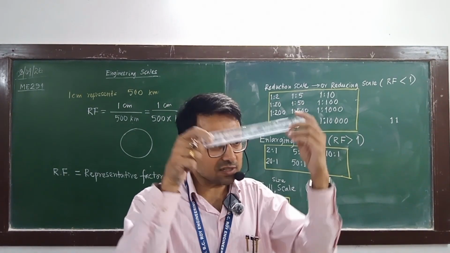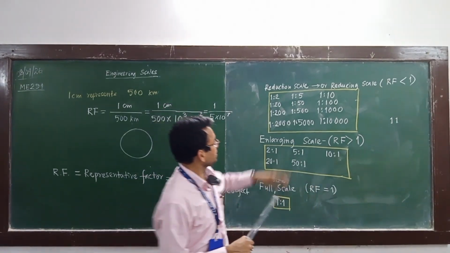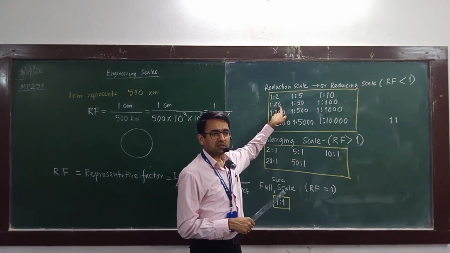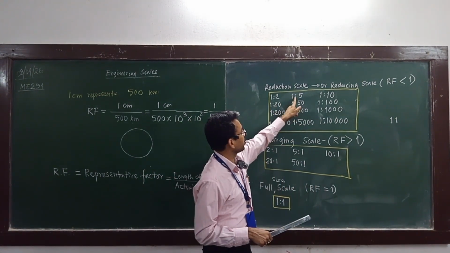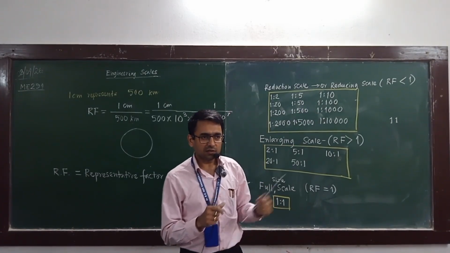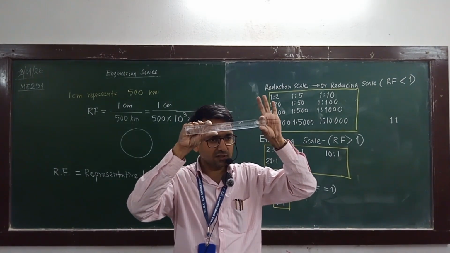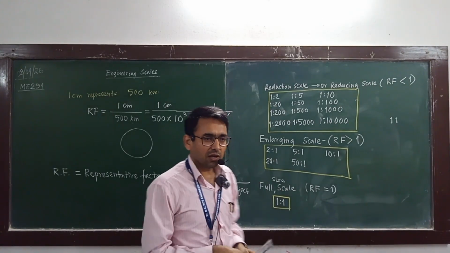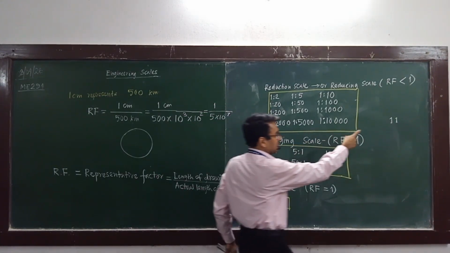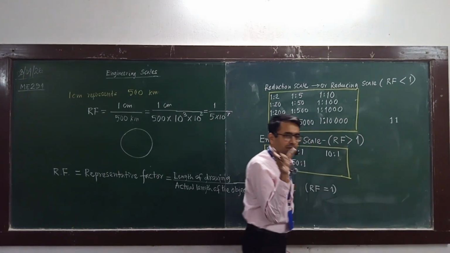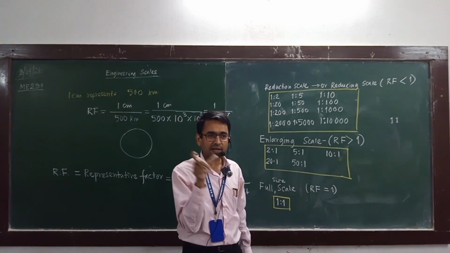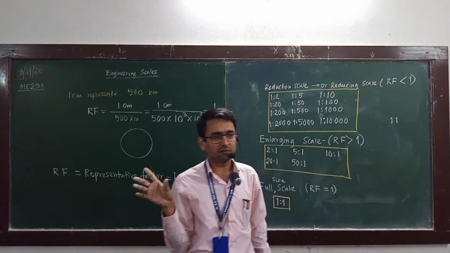So I will construct a scale which is basically that particular scale, either 1:2 or 1:5 or 1:10, whatever scale I will use in the drawing. I will construct that scale first, and then if I am given 10 millimeter or 11 millimeter, I will measure 11 from that, because that is representing 11 millimeter.